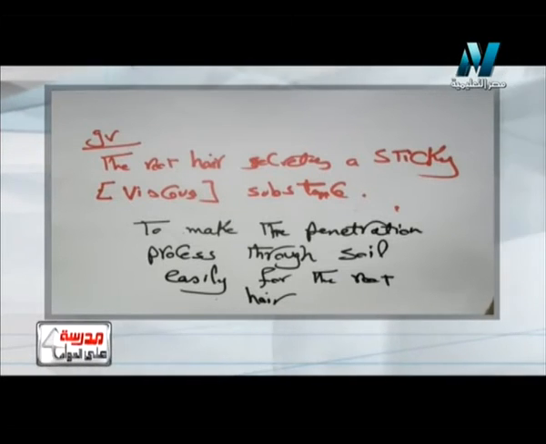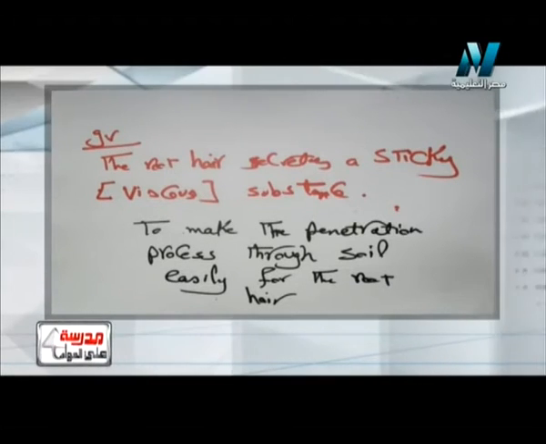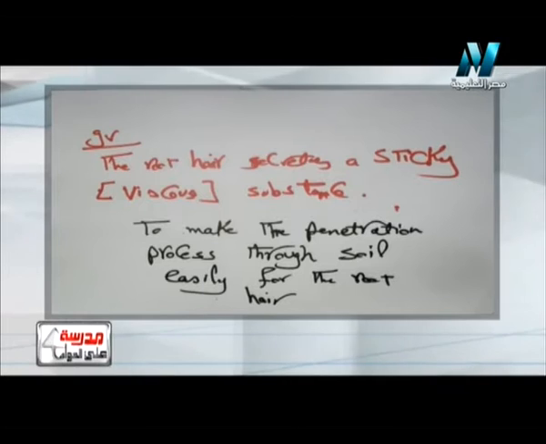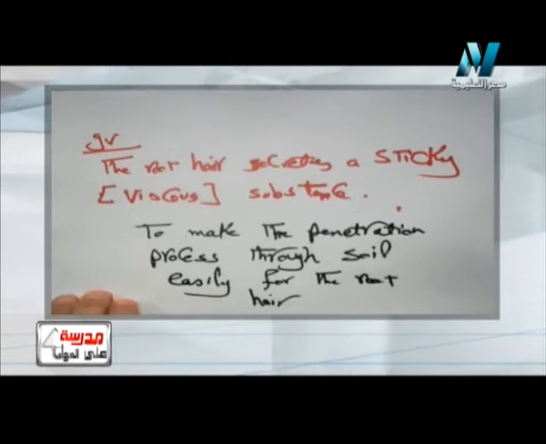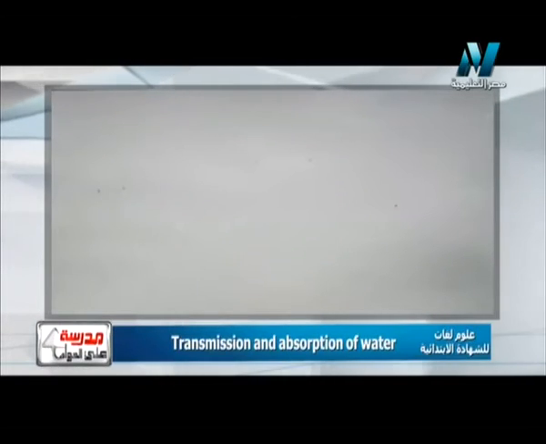Okay, so we have another miracle in the root hair, that is its age doesn't exceed a few days. It has a very short age. Why? Because it sloughs from time to time. Let us see now.